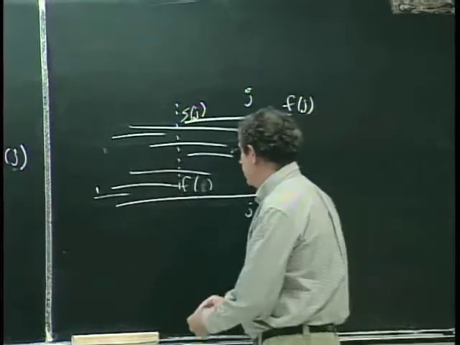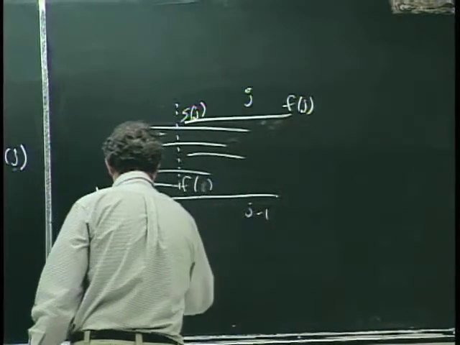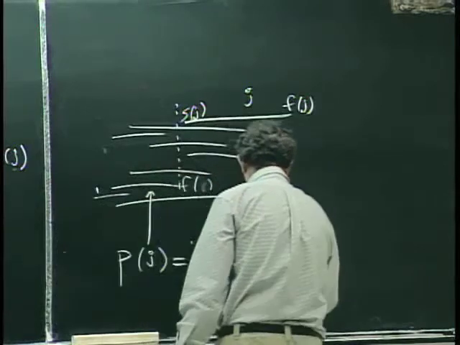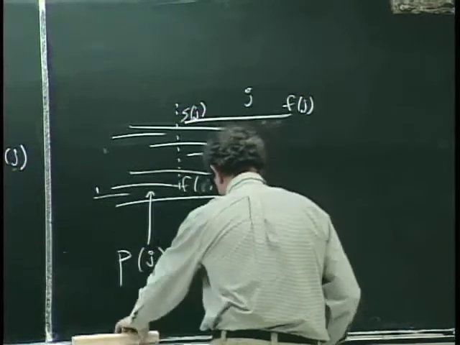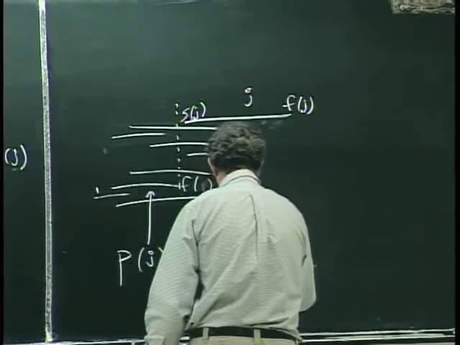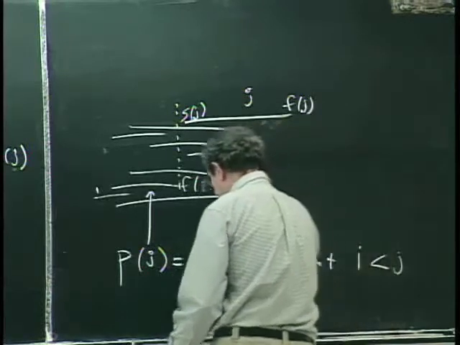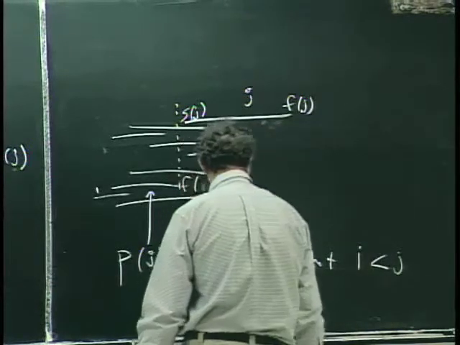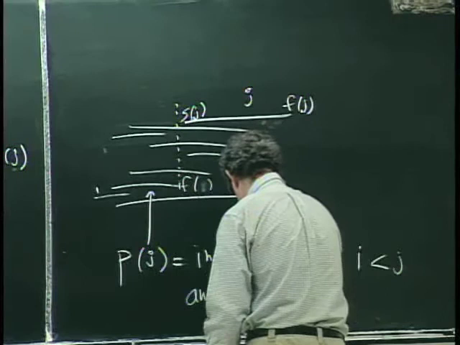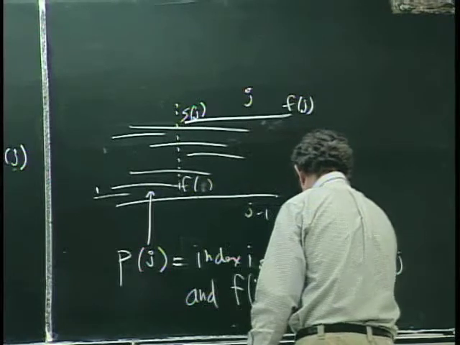So it's useful to have a notation for that. So p of j is equal to the index of an interval, let me call it index i, such that, first of all, i is less than j, and the finishing time of i is less than the starting time of j.